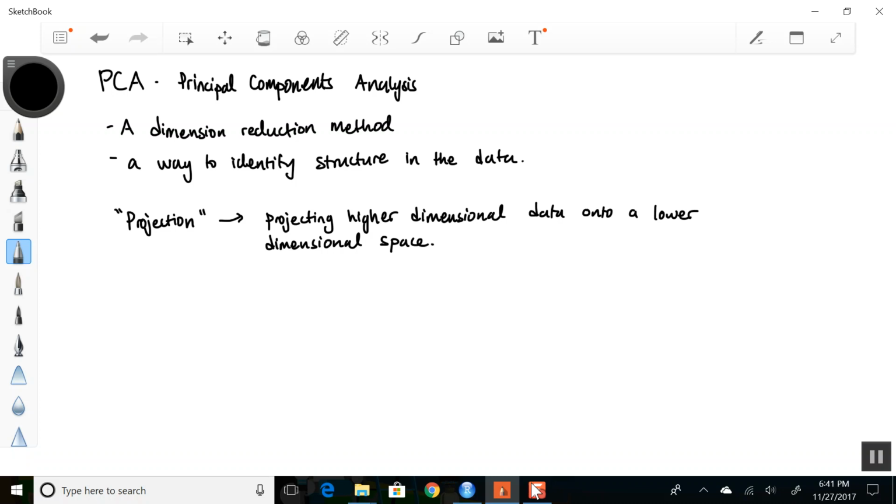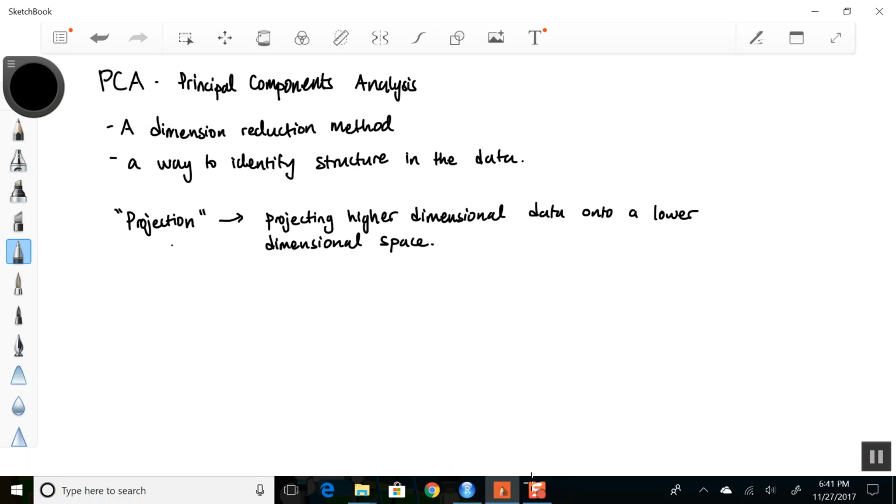All right. The most familiar example of this is the idea of our bodies, our three-dimensional things, casting a two-dimensional shadow onto a wall.